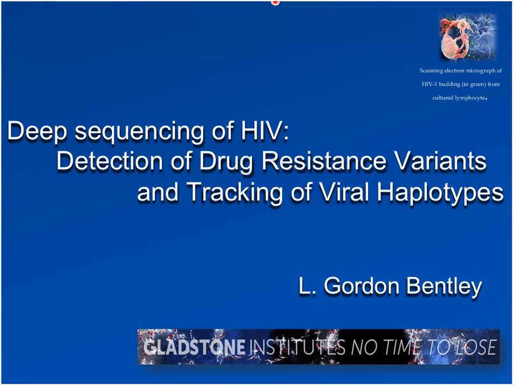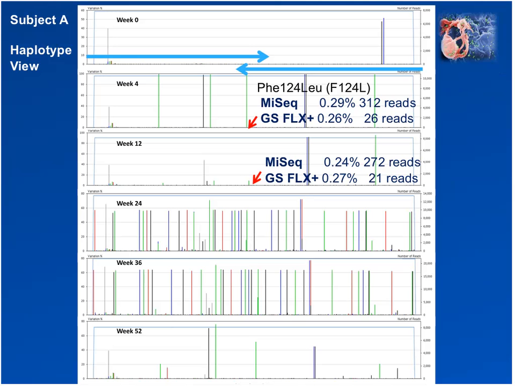So that's a very difficult question to answer, and I think I would probably just go to the slide I showed all of you just a moment ago of this individual, where you can see at week 24, this individual has the virus that it had at week 0, which has variants in it.